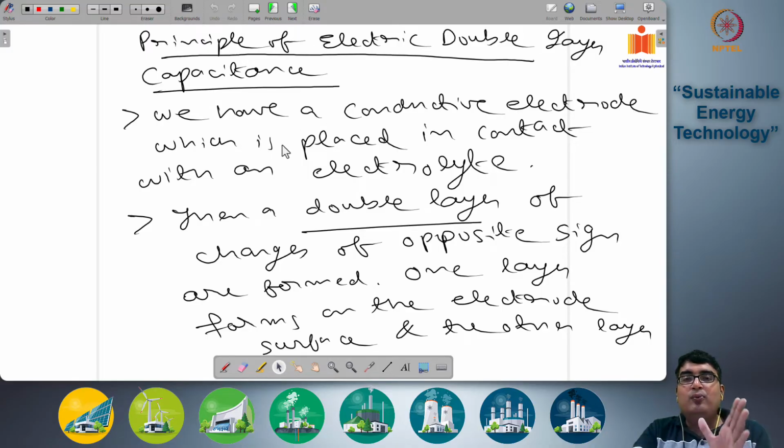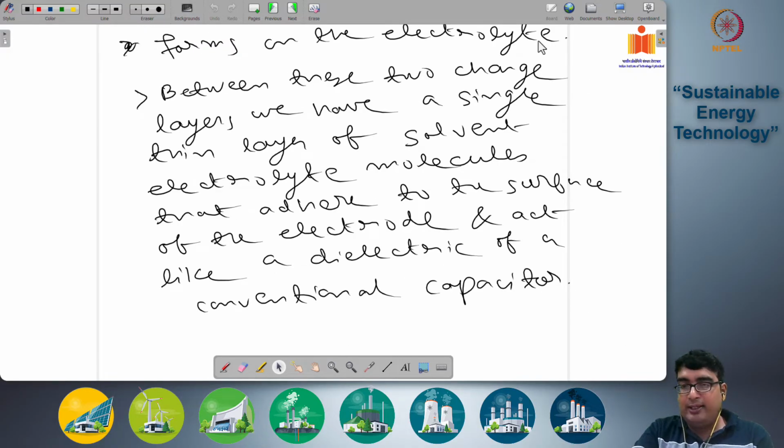Okay, so this is what we have discussed here, that we have a conductive electrode which is placed in contact with an electrolyte. Okay, the conductive electrode is the anode in this case. It can also be the cathode, and we will see the cathodic end as well in the complete figure. Then a double layer of charges of opposite sign are formed. One layer forms on the electrode surface and the other layer forms on the electrolyte, the positive charge and the negative charge.